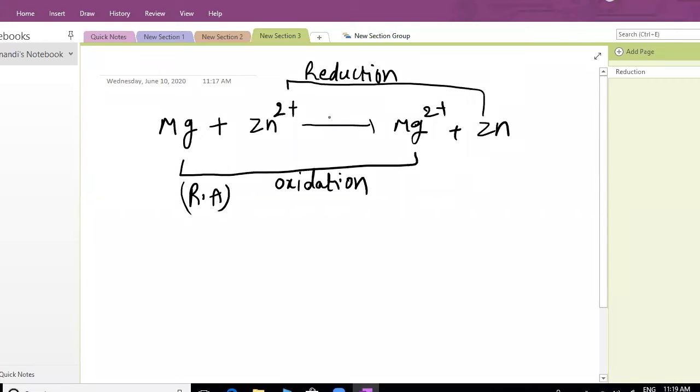That's why magnesium is reducing agent. Because of Zn2+, magnesium oxidation takes place. That's why Zn2+ we call here oxidizing agent. Understood?